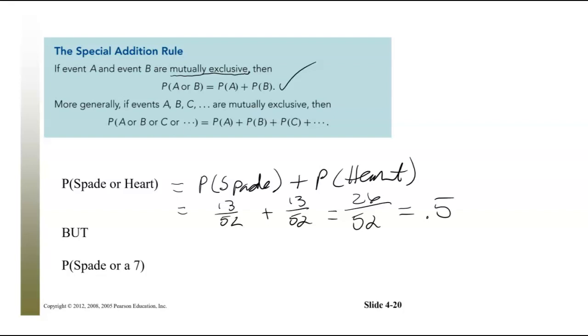Well, number one, remember, special addition rule only works if they are mutually exclusive. Are spade and 7 mutually exclusive? No, because there is a card that is both. So then you think, all right, I can add up all the spades, and I can add up the rest of the 7s knowing that one of those spades was one of my 7s.